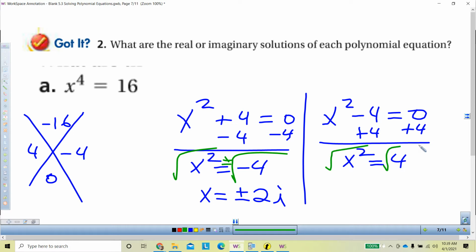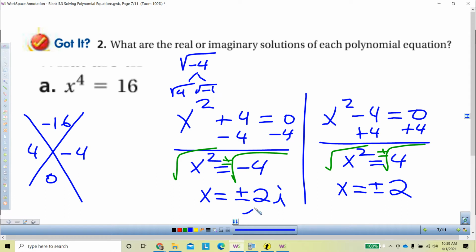Don't forget about those i's. So plus or minus 2i, because you got that square root of negative 4, right? You can break apart into square root of 4, square root of negative 1.